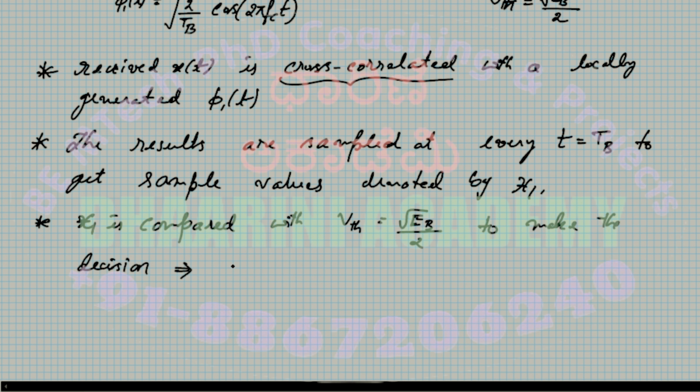That is, output equal to 1. If x1 is greater than the threshold value, and it's going to be 0 if x1 is lesser than the threshold. So a simple process of doing a decision.